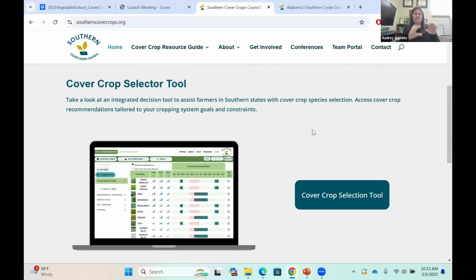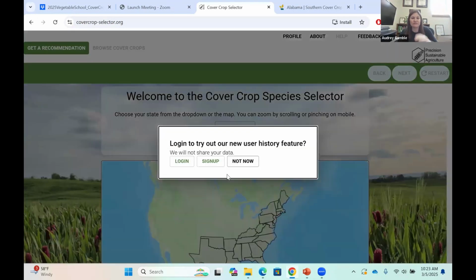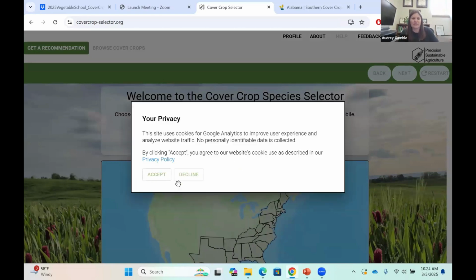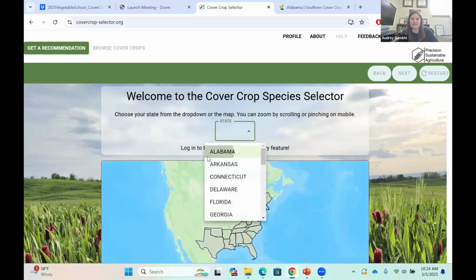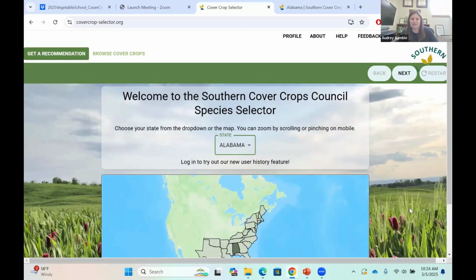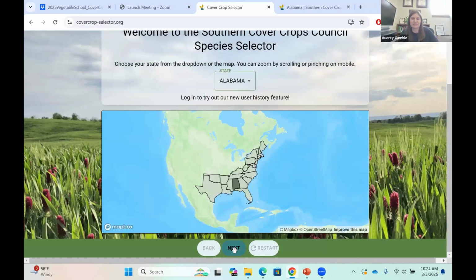So that website that I provided, southerncovercrops.org, we have this cover crop selection tool. And if you go to it, you can log in and create an account so that it remembers your fields. I'm just going to click not now for right now. And what we can do here is pick our state. Click next.